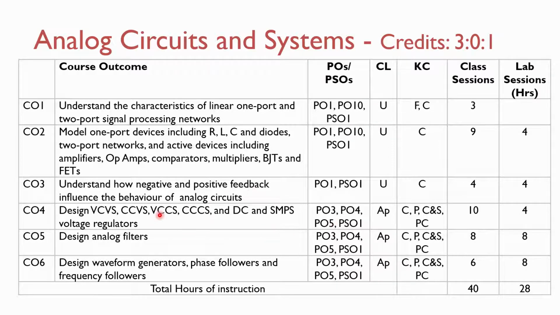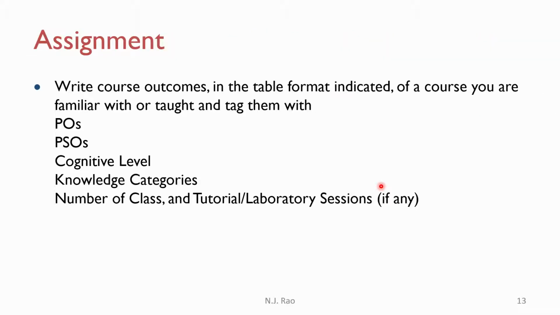Designing this course will require a lot of effort on the part of a teacher to make sure that you are addressing all these POs. Now, the assignment for this unit is to write course outcomes in the table format indicated, of a course you are familiar with or have taught, and tag them with POs, PSOs, cognitive level, knowledge categories, and the number of class or tutorial or laboratory sessions, if there are any.